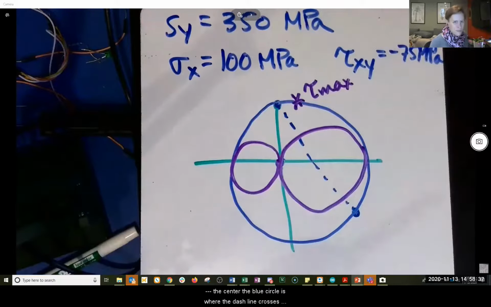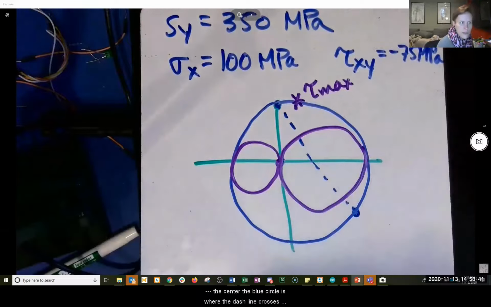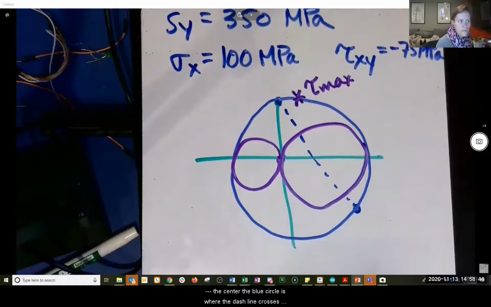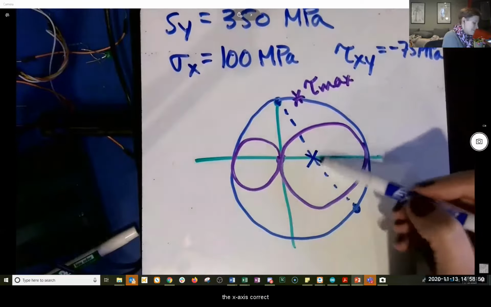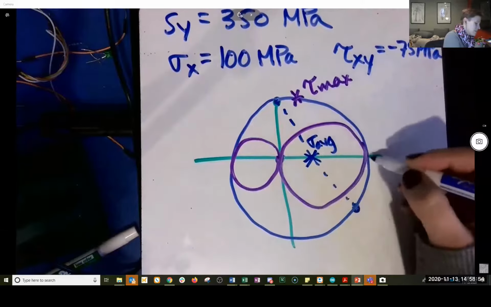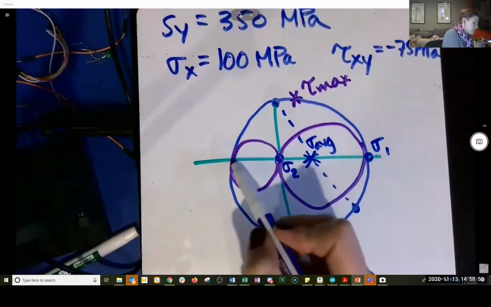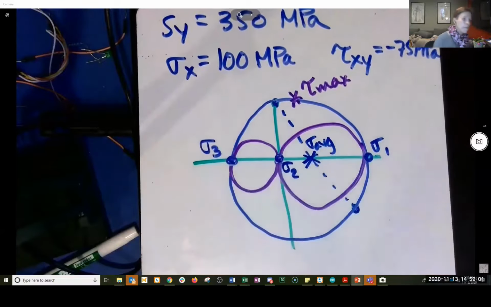No, I think that makes sense. Okay, and it doesn't exactly look like it, but the center of the blue circle is where the dashed line crosses the x-axis, correct? Yes. Okay, things are a little lopsided here. That's fine. So this is sigma average. This is sigma 1. This is sigma 2. And this is sigma 3.